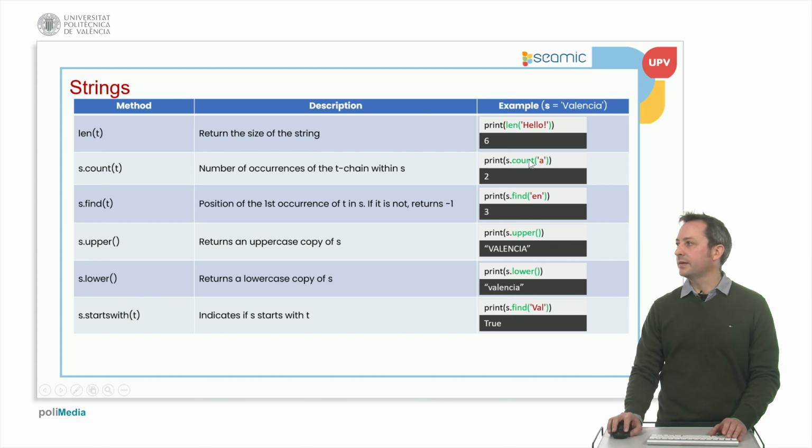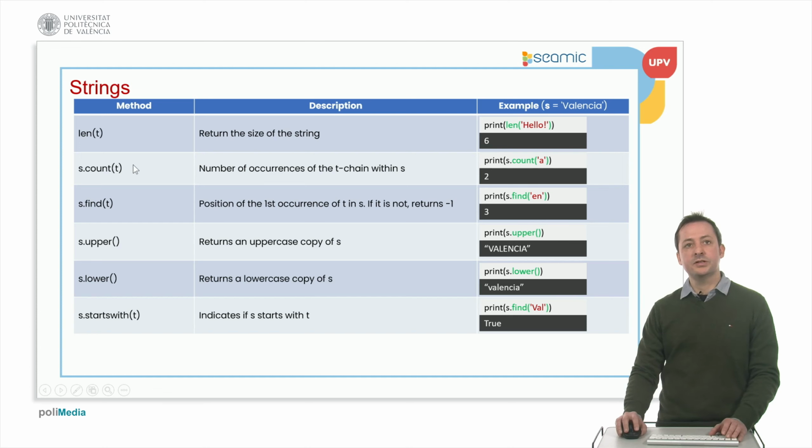In this case, for using the function, we need to place inside the parentheses the name of the variable of the string. We can put here the variable t, or we can put here just the string. For example, if we print the result of obtaining the len of this sequence, the result will be 6.